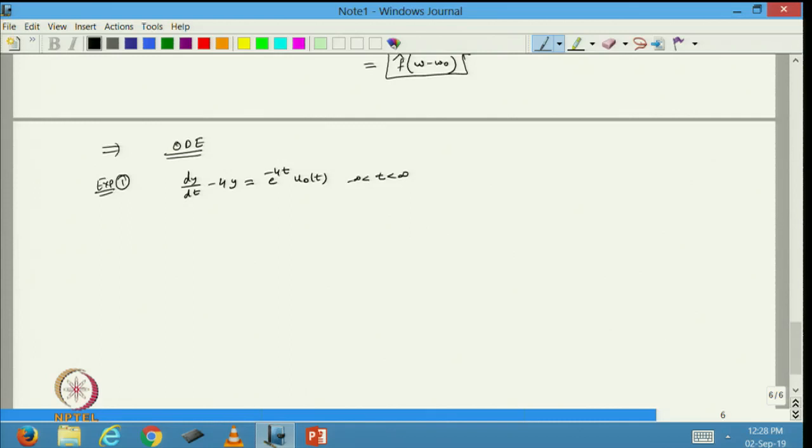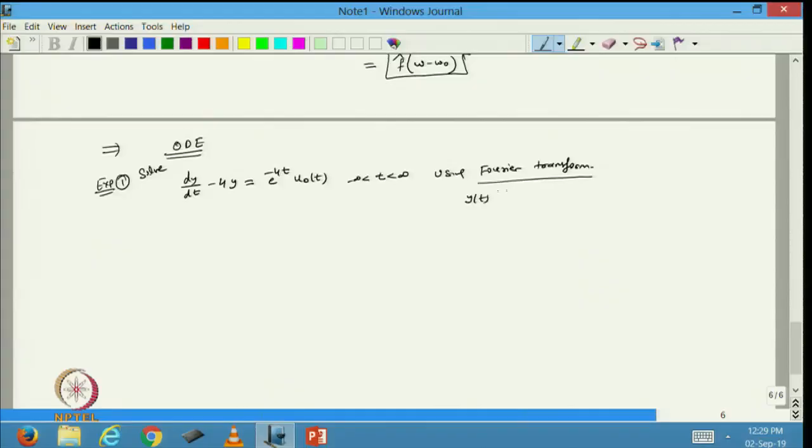One thing you should keep in mind: suppose I want to solve this by the Fourier transformation. The question is, solve this using Fourier transform. We know that the Fourier transformation can be applied only when the function satisfies some conditions: the function is piecewise continuous in the finite interval, and it is absolutely integrable.